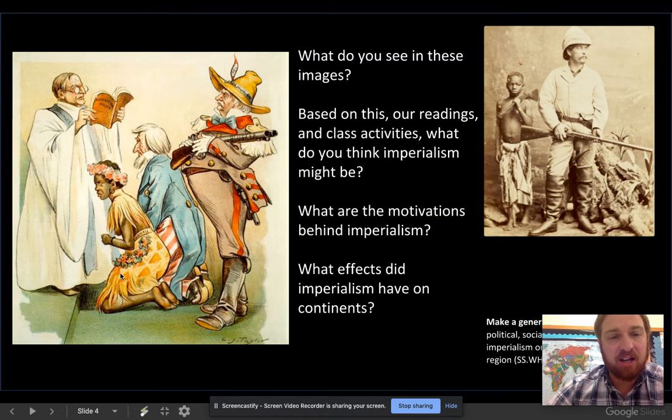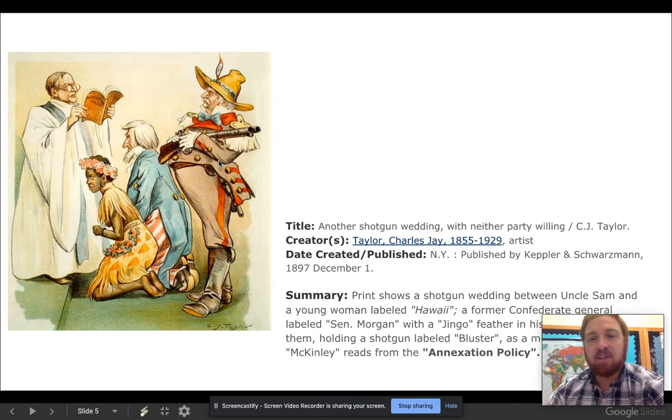We have a native person who represented Hawaii, and then we had someone enforcing this wedding, this marriage that's going on here. And this political cartoon is about the concept that Hawaii didn't become a U.S. state until 1961, I believe. Maybe it was 1954. Between 1954 and 1961 is when it became a state. Prior to that, it was a territory.